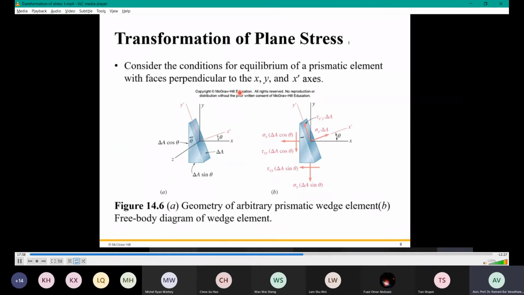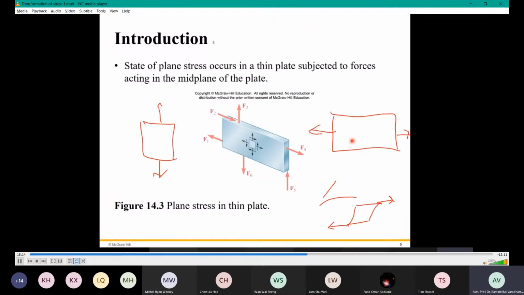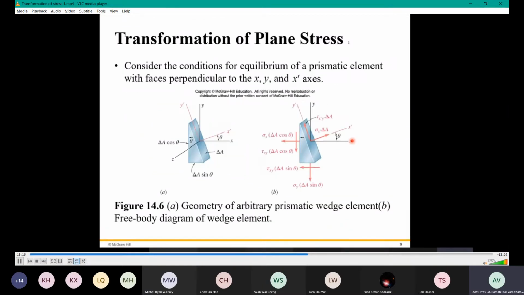Now, there is a transformation, there is a change if it is at an angle. Consider the conditions for equilibrium of a prismatic element with faces perpendicular to x, y, and x dash axes. Right? Initially the axis is like this, stable, no change in the angle.